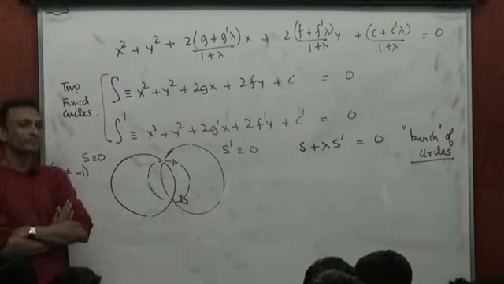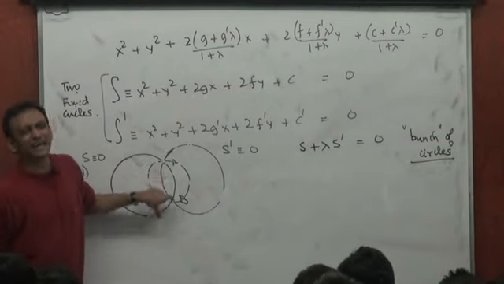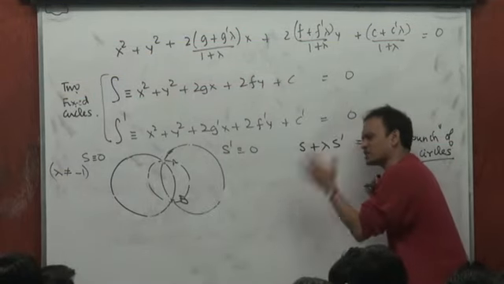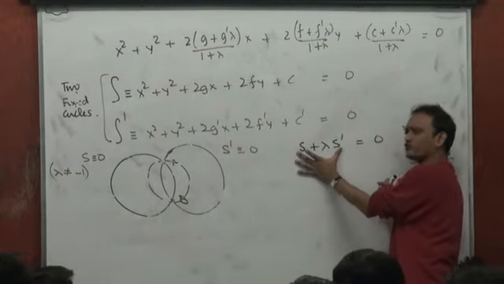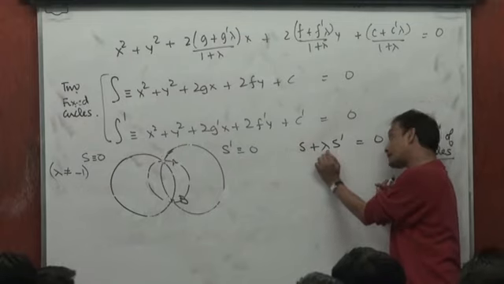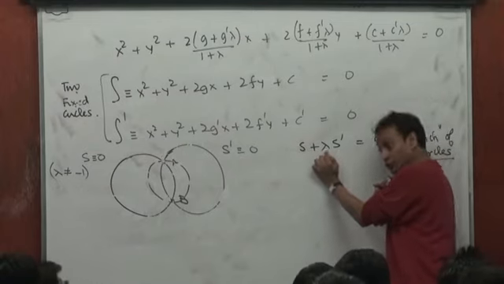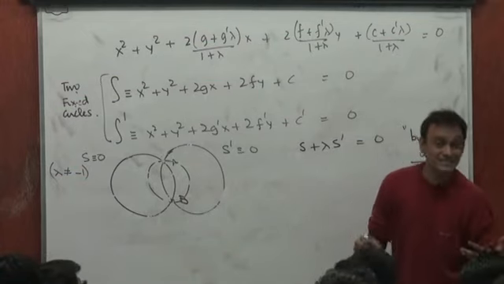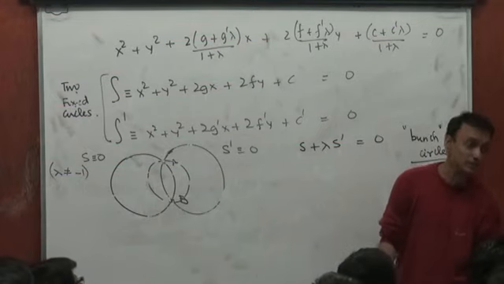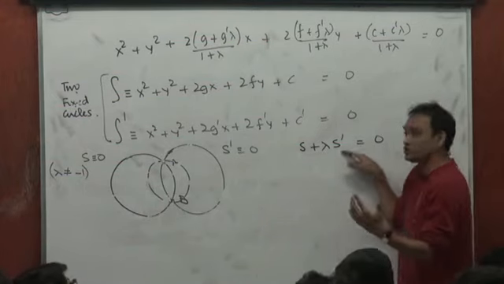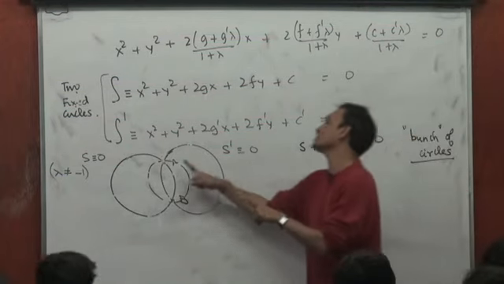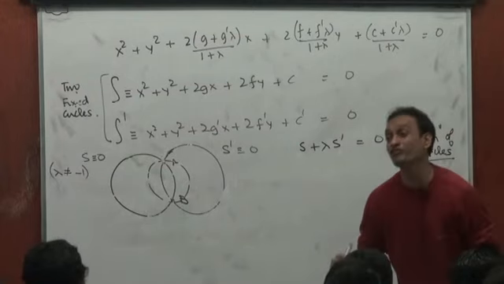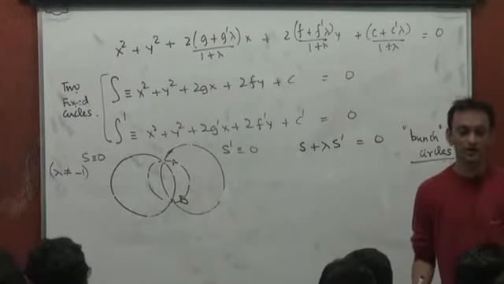Which means, you know what? You didn't even have to know what exactly are the coordinates of A and B. You can always close your eyes and say, any other circle that passes through A and B will still be of the form S plus lambda S prime equal to 0. You can choose to plug in different values of lambda, and you will still get a circle passing through A and B. Different lambdas will produce different circles, but all these circles will necessarily pass through A and B, the two fixed points of intersection of the two fixed circles S equal to 0 and S prime equal to 0.